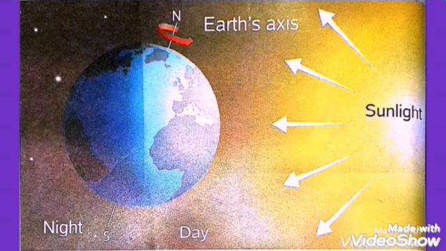So children, the part that faces the sun has day, and the part that is away from the sun has night. That is why we have a continuous cycle of day and night. So children, the spinning movement of the earth around its axis is called rotation.